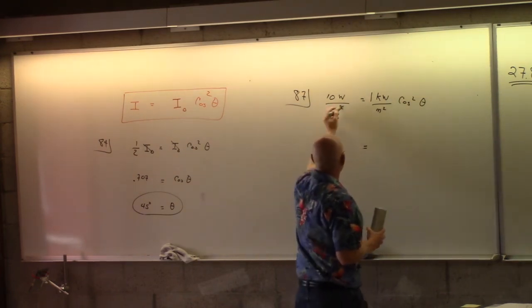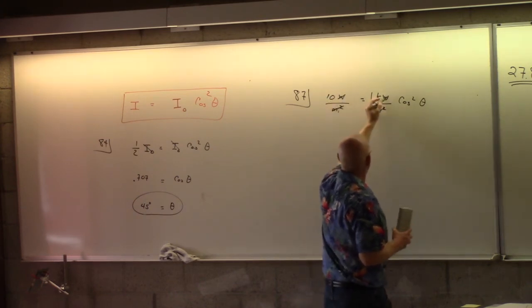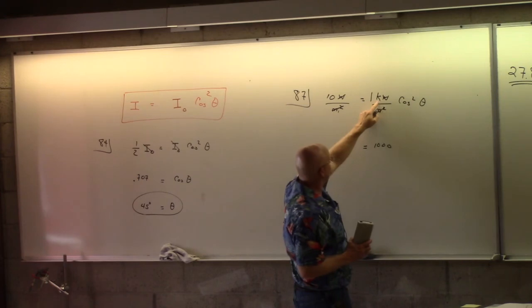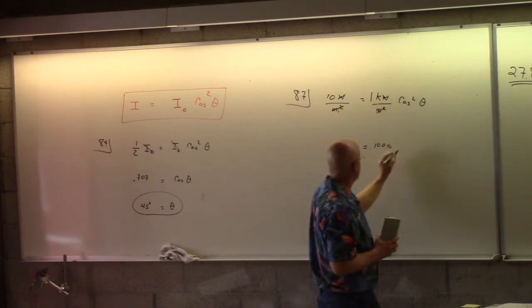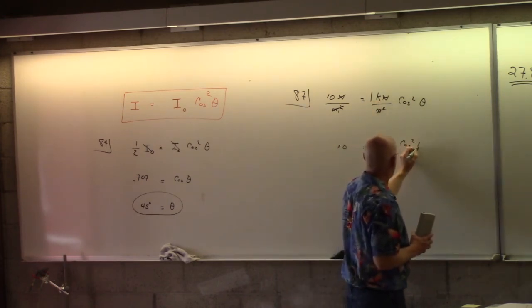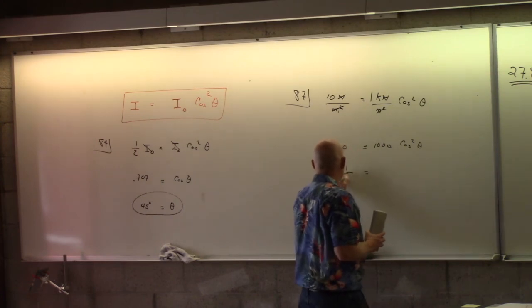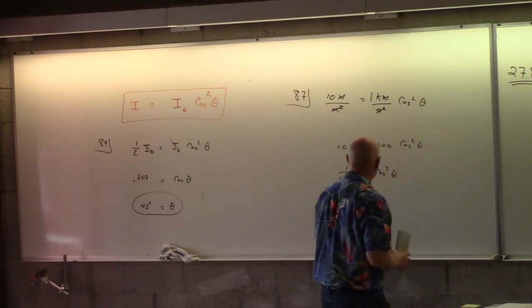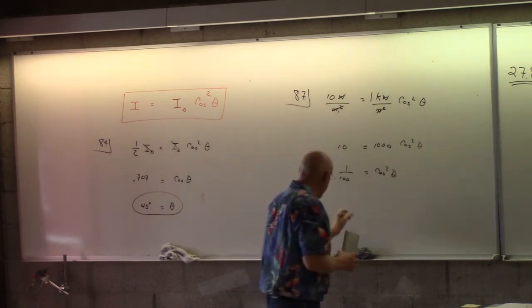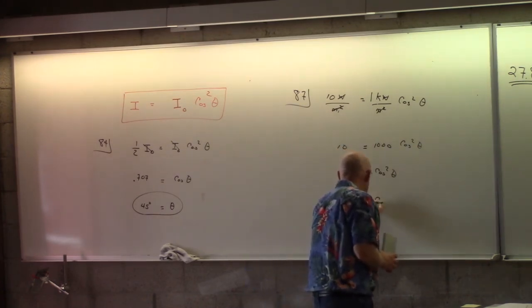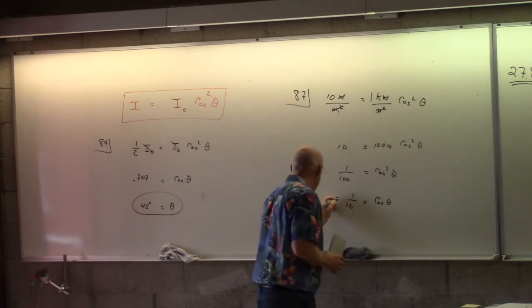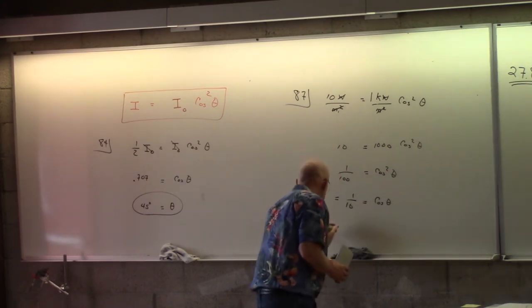And so maybe the first thing is I will cancel off the units, and then the kilo I will write as 1,000. And so this becomes 1/100 equals cosine squared. I'll then take the square root, and I get 1/10, which is 0.1.